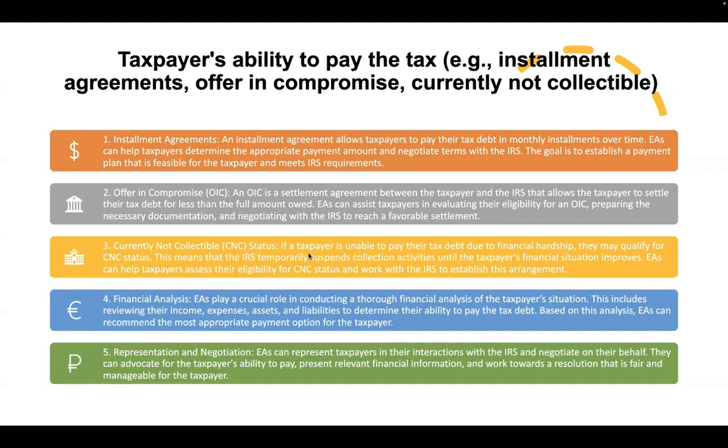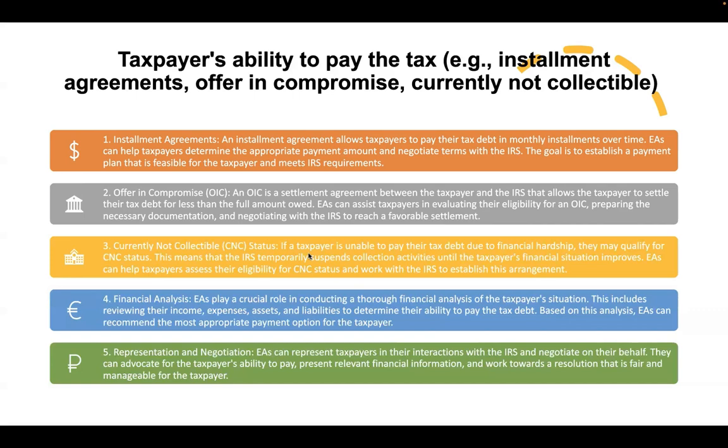So if a taxpayer is unable to pay their tax debt due to financial hardship, they may qualify for the CNC status. So this is what's going to happen. Let's say your client owes several $1,000s to the IRS. They can't afford a payment plan right now because they just got laid off from their job, and they are spending more money than what they're actually making in, right?